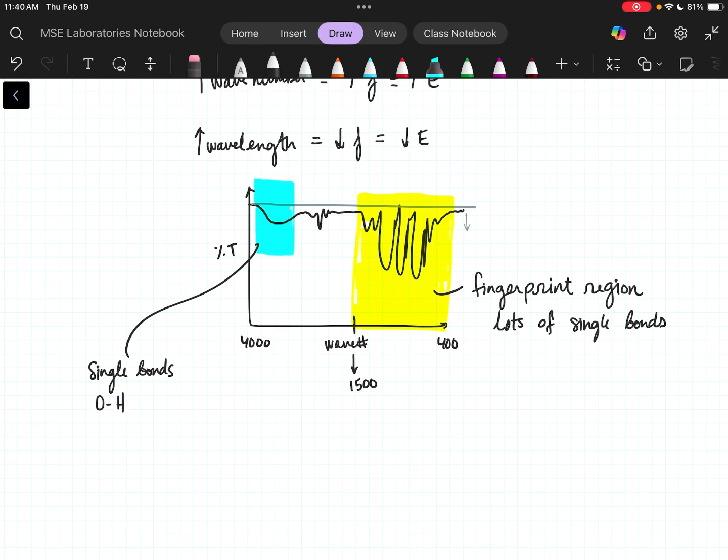This is going to be other single bonds. Most commonly, you're going to see a lot of oxygen-hydrogen. OH bonds are the one that I drew, this wide one. With halogens? Halogens, yes, halogens can be found in there because they often will have a single bond.